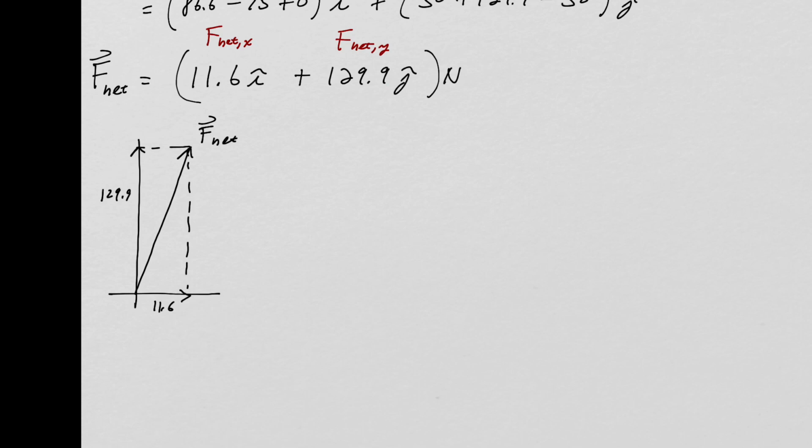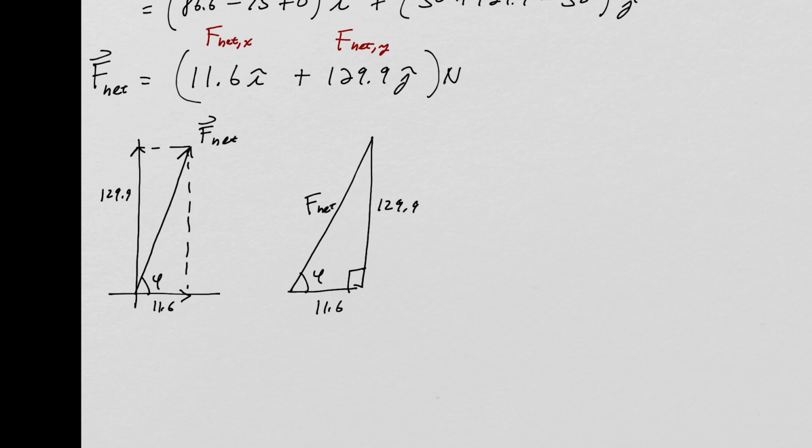So I want to find the magnitude, and I want to find the angle phi. I extract out the right triangle that contains the reference angle, which in this case is just phi, because I'm in the first quadrant. I know this length is 11.6 and this is 129.9. How do I find F net, that magnitude? Pythagorean theorem.